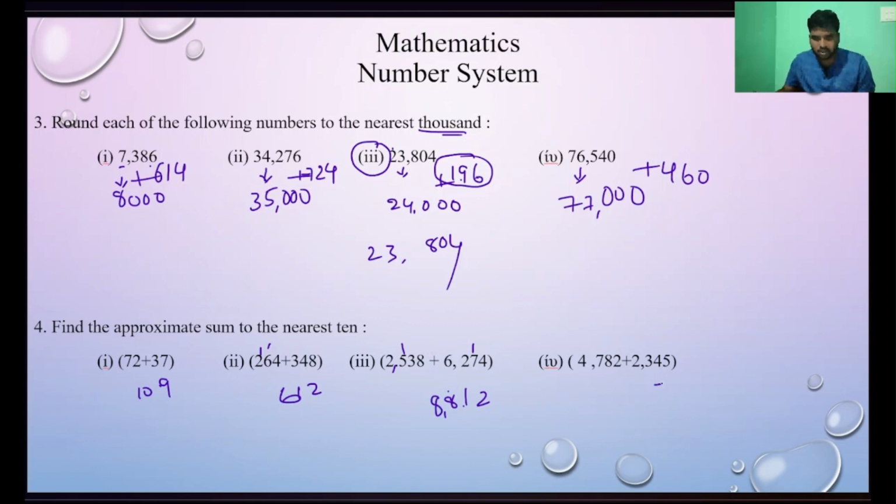And here what we can do, we should add simply 7, and 8 plus 4 is 12 here, and 7 plus 3 is 10 again, 11 here, and then 4 plus 2 is 6, plus 1 is 7 here.